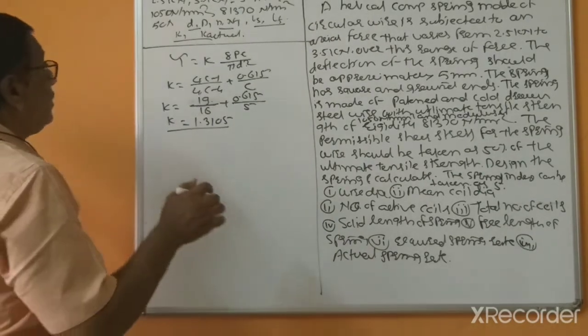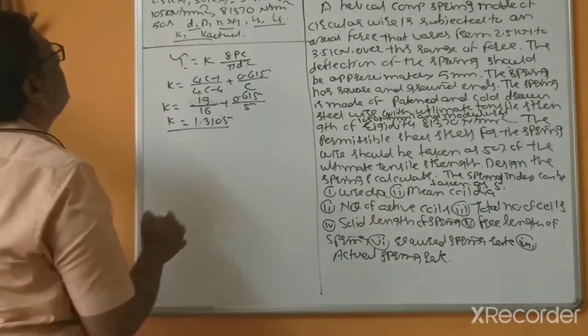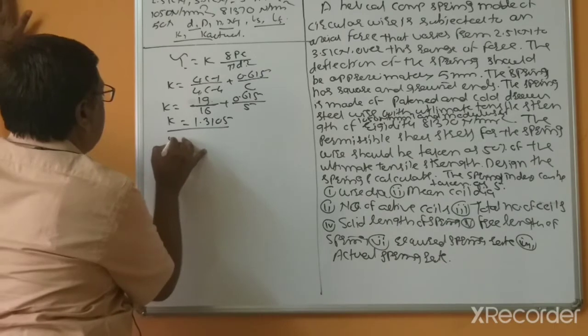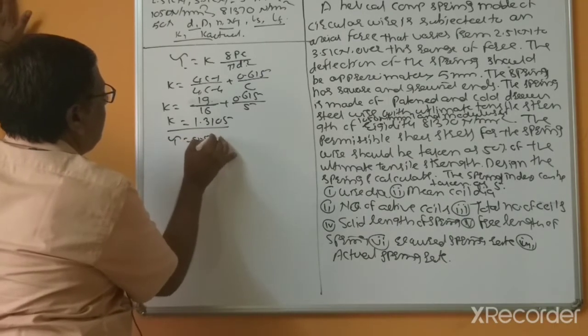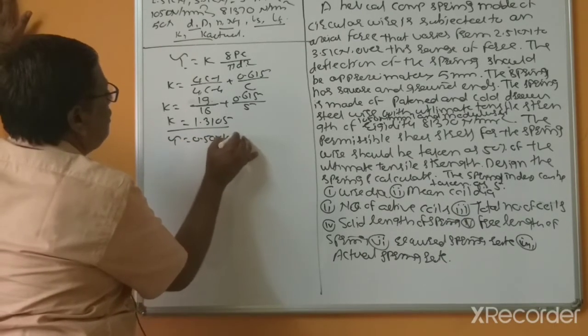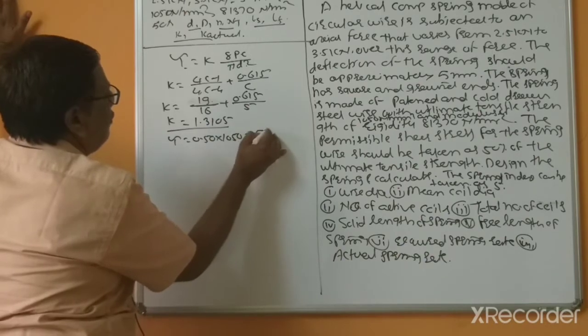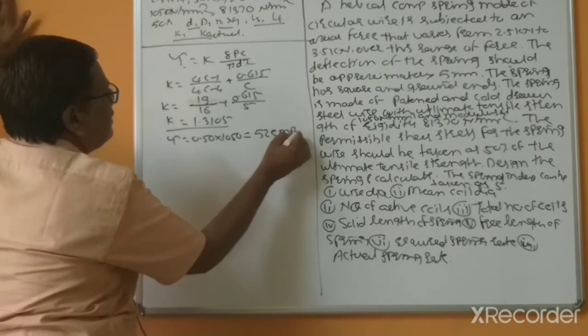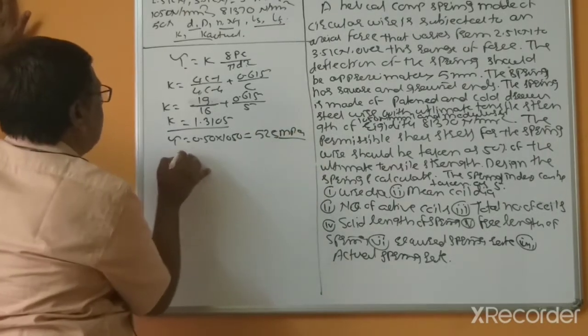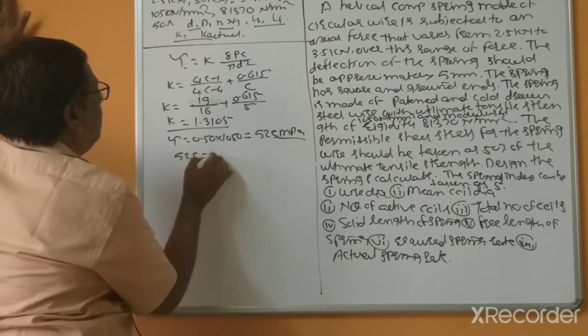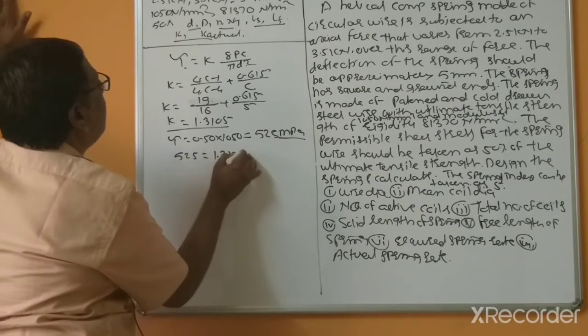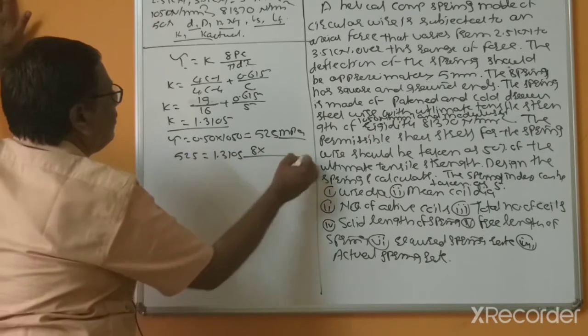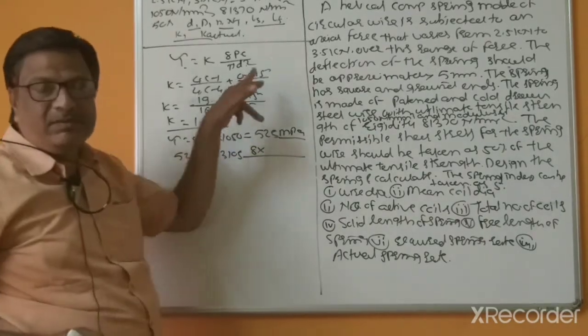So that's why tau equal to, now this is 50% given, so tau equal to 0.50 into 1050, means this is 525 megapascals. Now put this 525 and 1.3105.